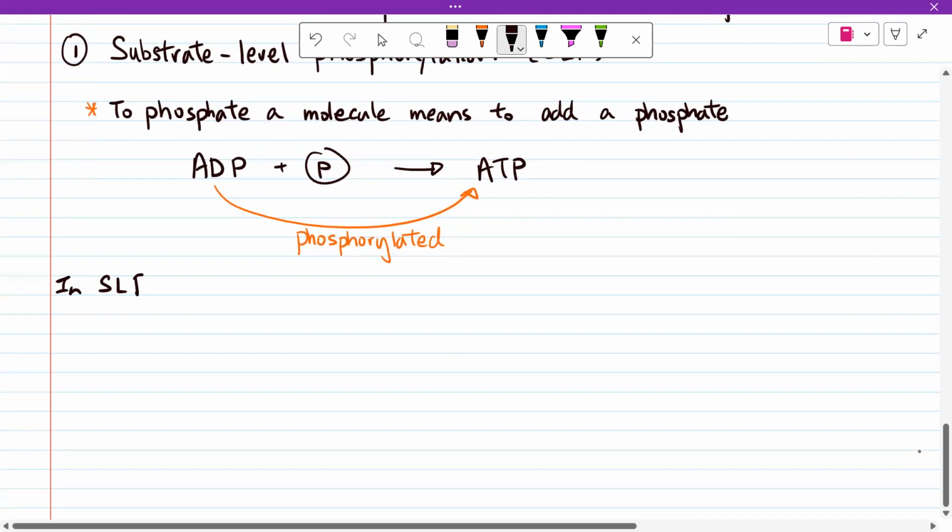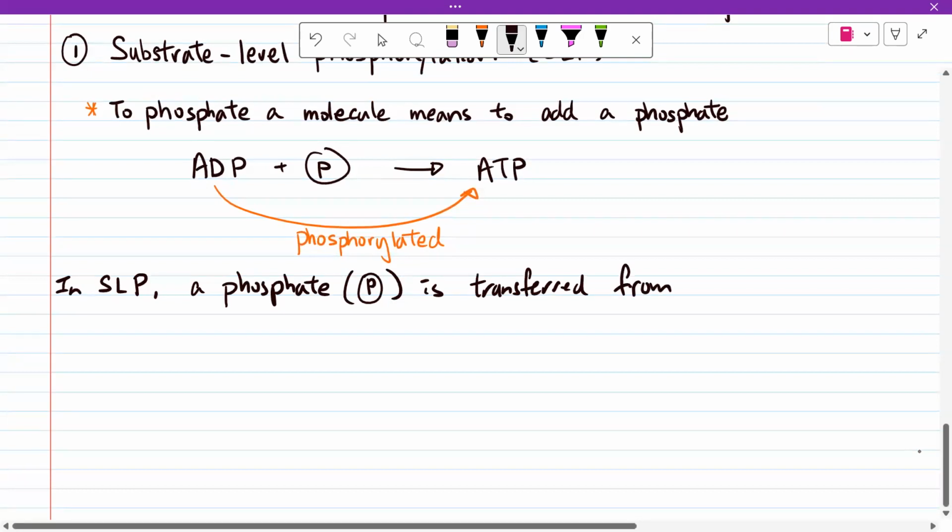In substrate level phosphorylation, a phosphate, the P, I'm just going to put in brackets here to remind you what that is, a phosphate is transferred from a donor onto ADP with the help of an enzyme.